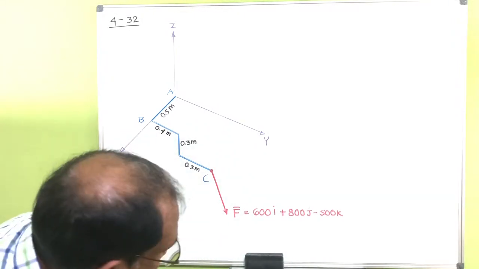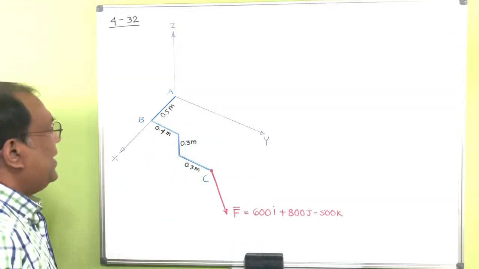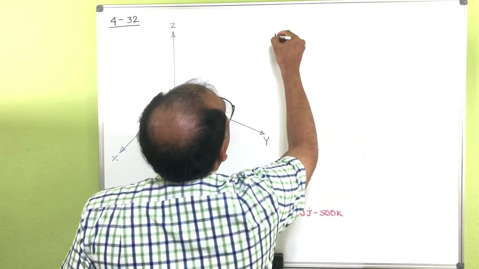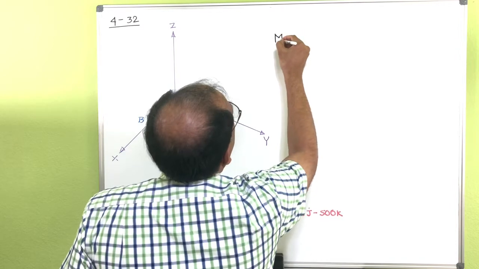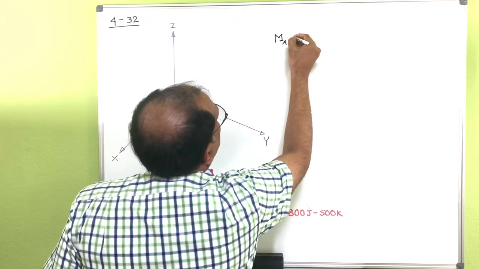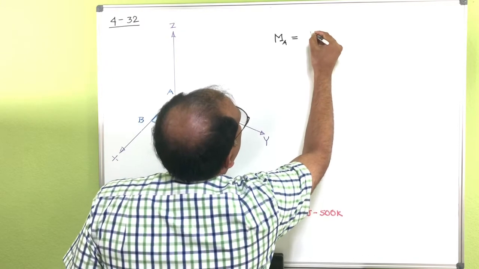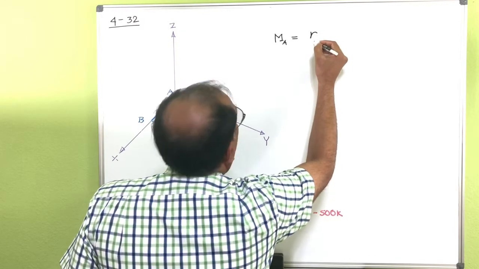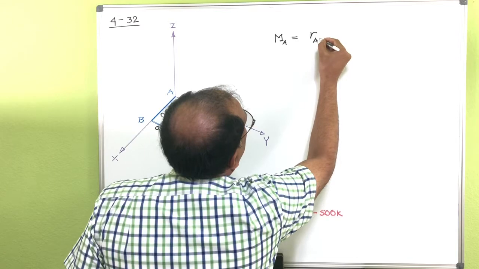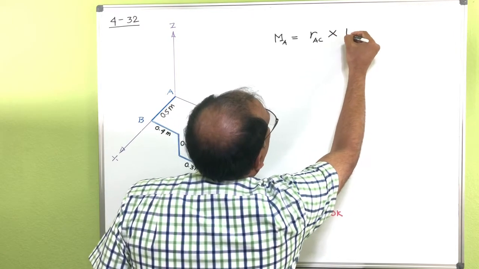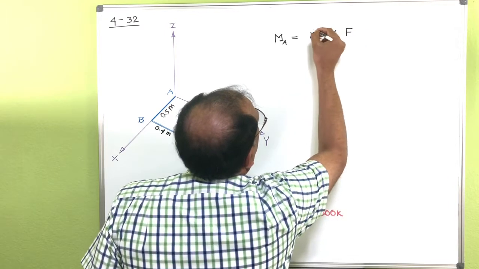Now, first of all, we know that the moment at A for 3D cases is basically the position vector from A to C cross product with the force vector.